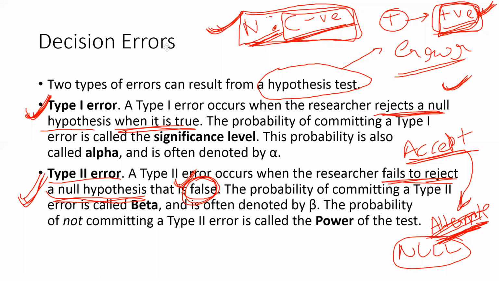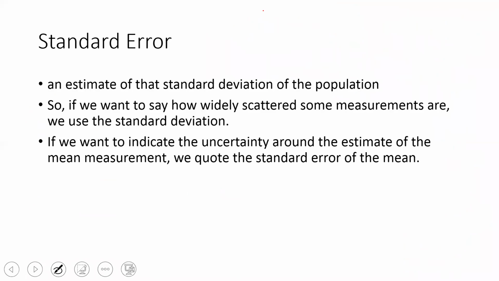Please tell, what kind of error is this? Type 1 or type 2? So it is a type 2 error. We are accepting a false null hypothesis. So that is the thing.